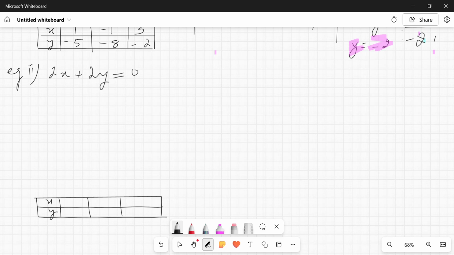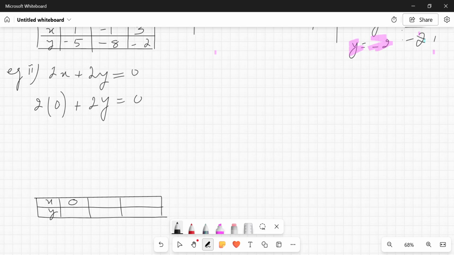Now, here, look, if I take 0, the result is 0. So this question is not giving you any trouble here. If I take x as 0, then 2 times 0 plus 2y equals 0.